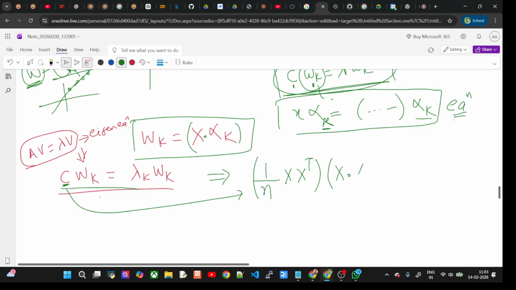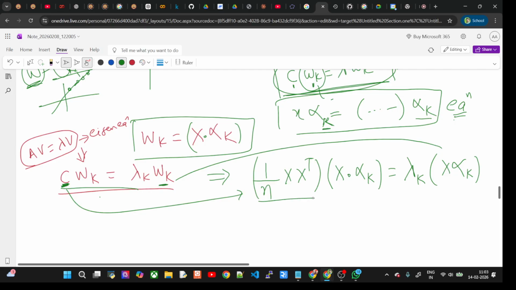X into alpha k, and lambda k is as it is, and in the same way this wk, I am writing once again as x into alpha k. This is C, this is w, this is also w. These are the values of C and w. I am just putting them in, not doing anything else here.